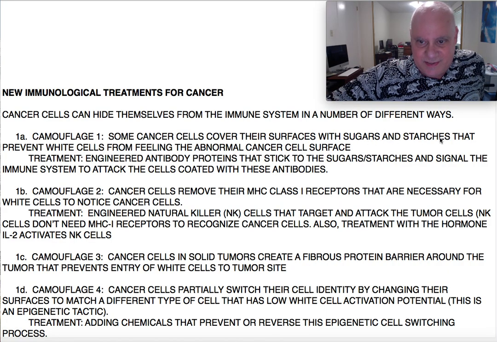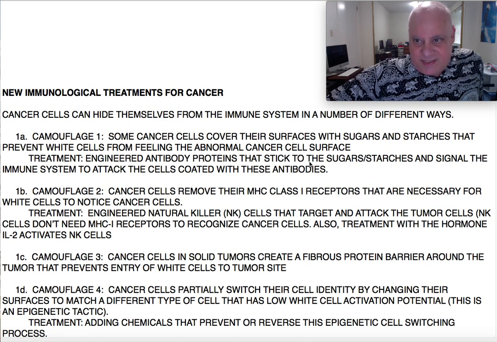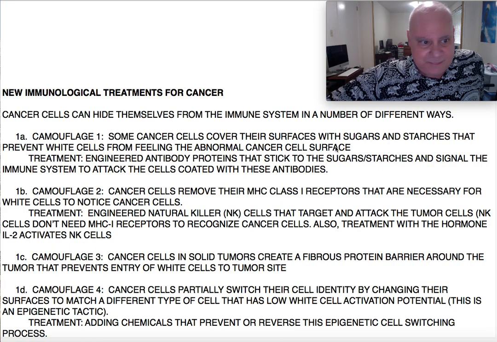They're called lectins. They're just chemicals that naturally stick to these normal sugars and starches. And we can attach those lectins to antibodies, which are protective proteins which direct the immune system to whatever they're attached to. So we attach antibodies to the lectins, which attach to these sugars and starches, and that directs the immune cells to attack those sugars and starches.